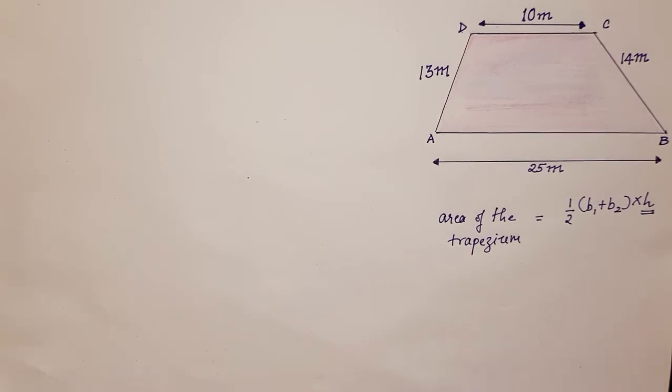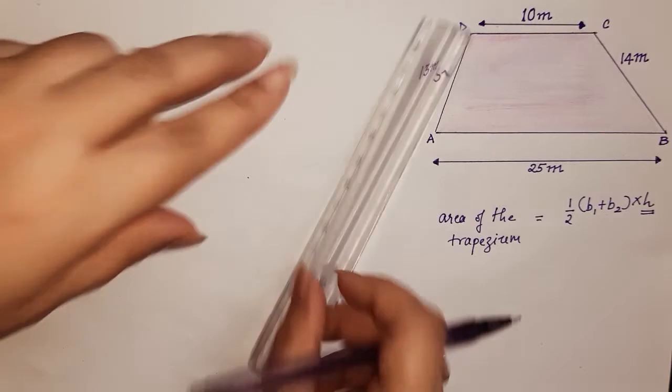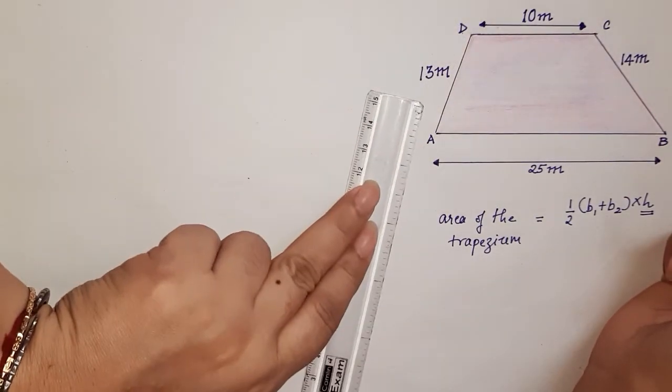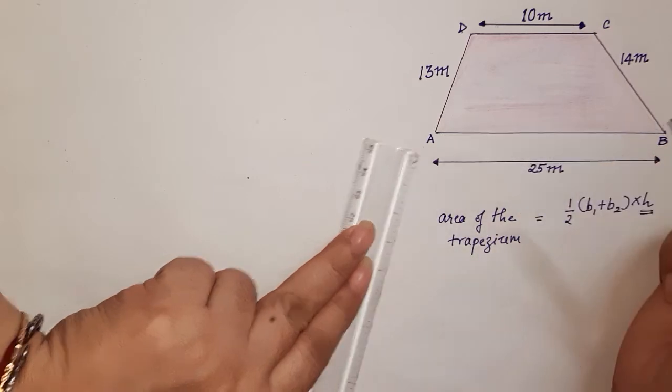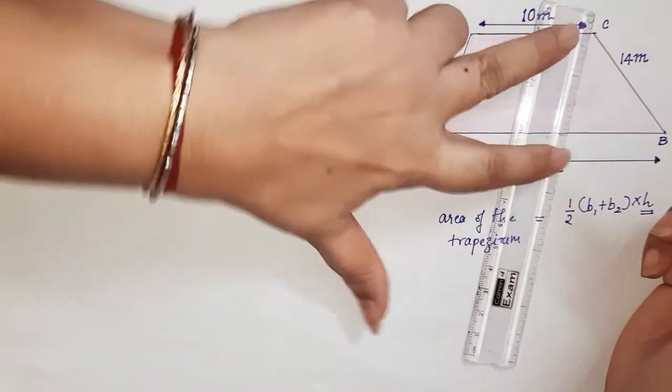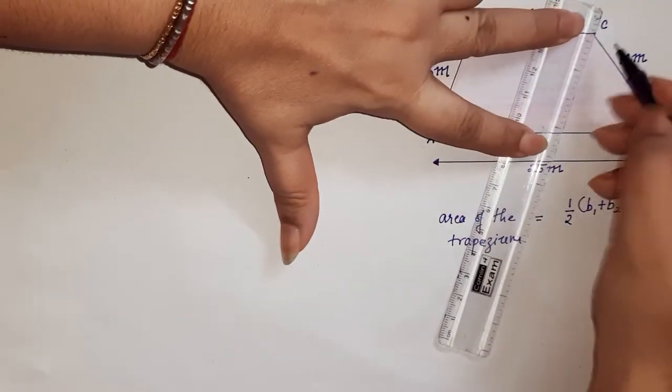For that, we have to do a simple construction. We will take a scale and draw a line which is parallel to the side AD. At least it appears to be parallel in this case.